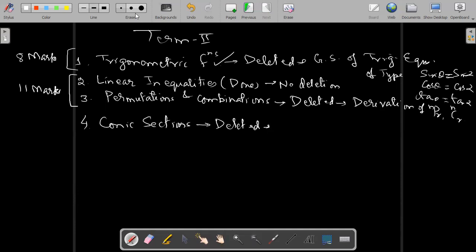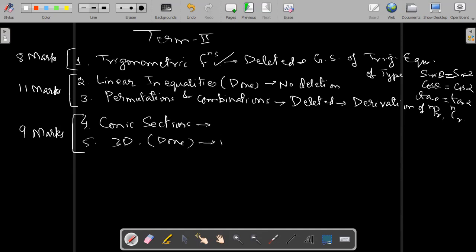I will send you what is deleted. And fifth is 3D, that also we have done. So the fourth and fifth chapters together will have 9 marks. And in 3D, no deletion.